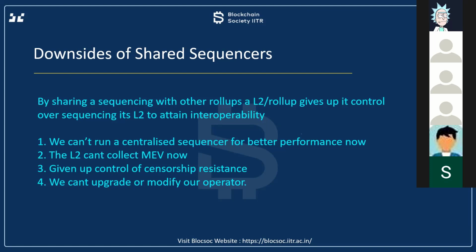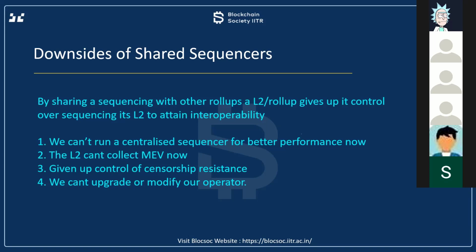But even if I have a decentralized sequencer, by sharing the sequencing rights, I'm not sure if my rollup's or my L2's transactions will be prioritized.